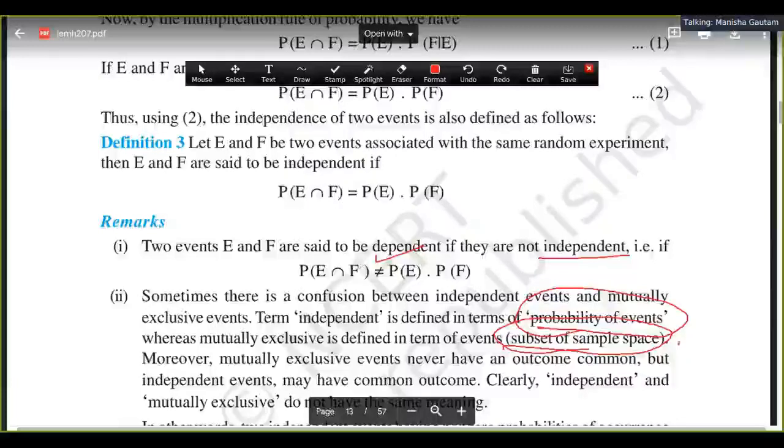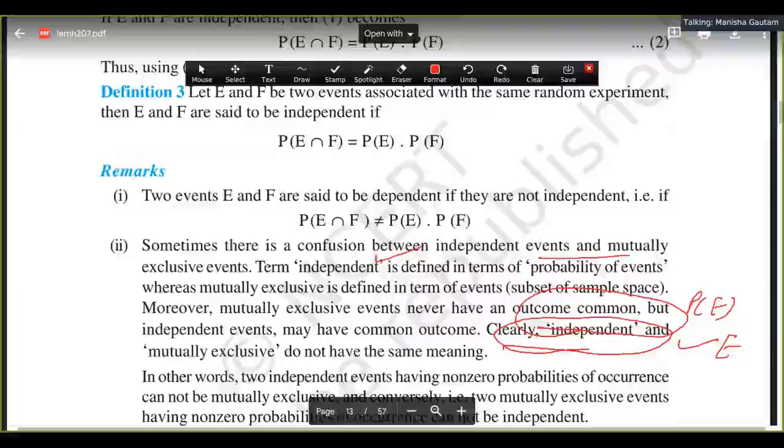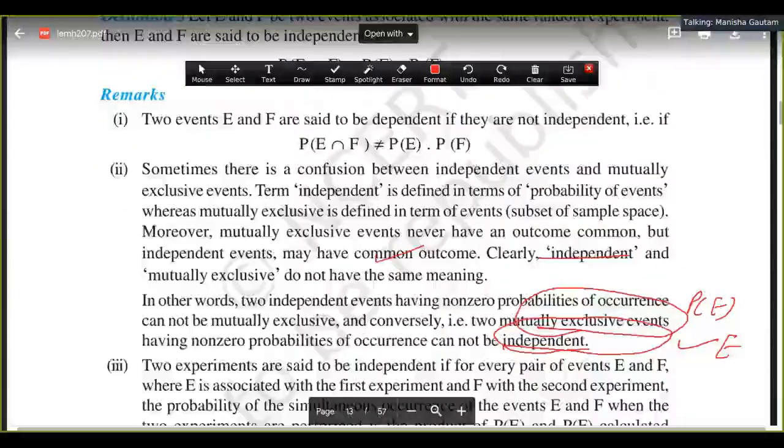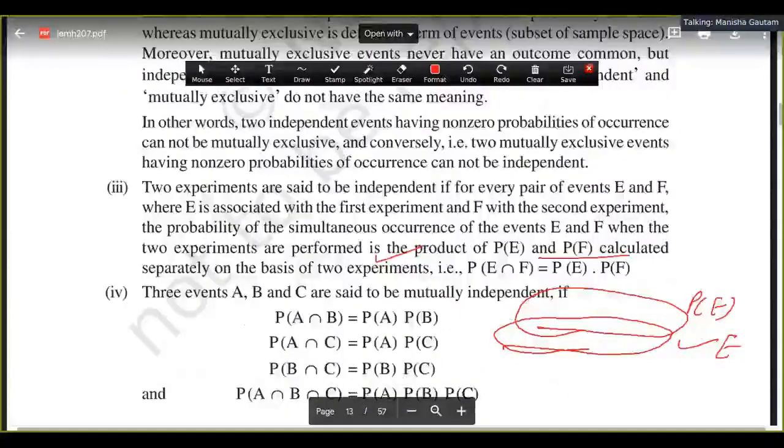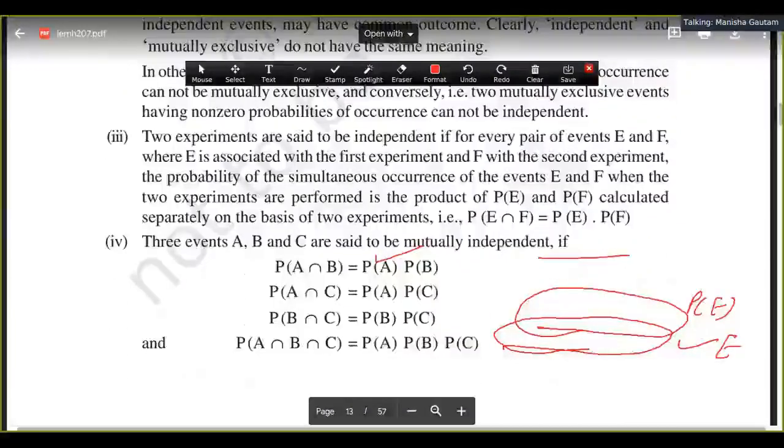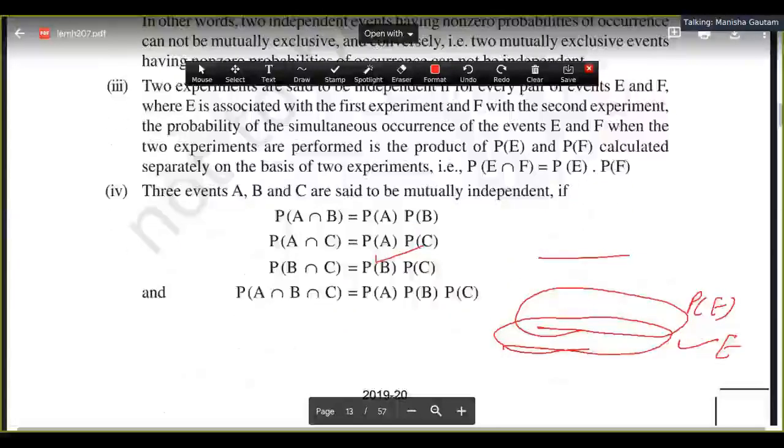We are talking about the events only. Moreover, mutually exclusive events never have an outcome in common, but independent events may have common outcomes. Clearly, independent and mutually exclusive do not have the same meaning. You must know about it. Now for mutually independent events, if three events are there, then how to write down the formula?